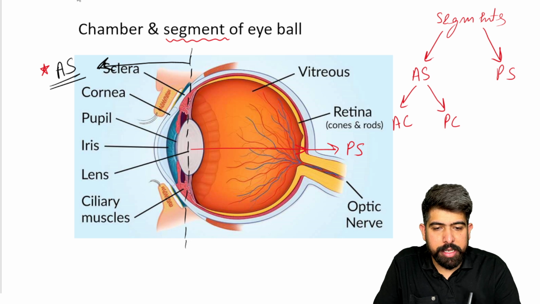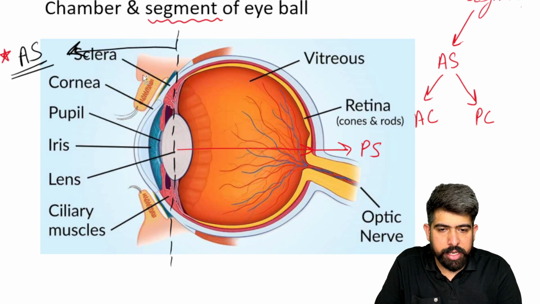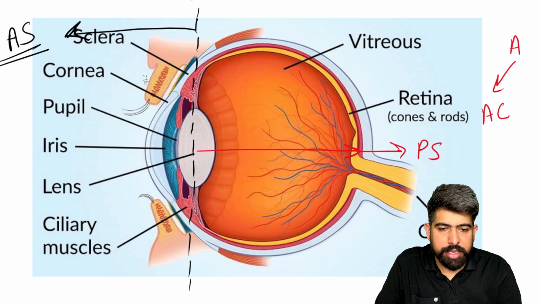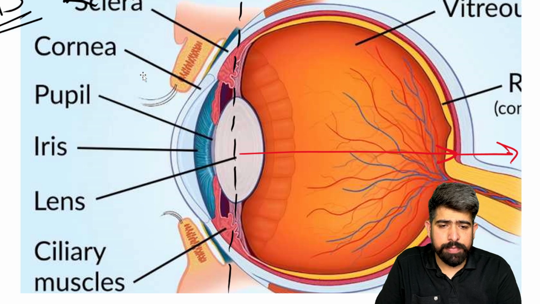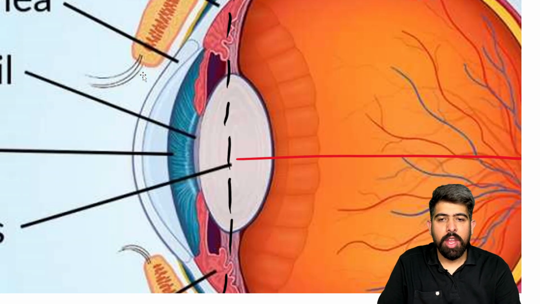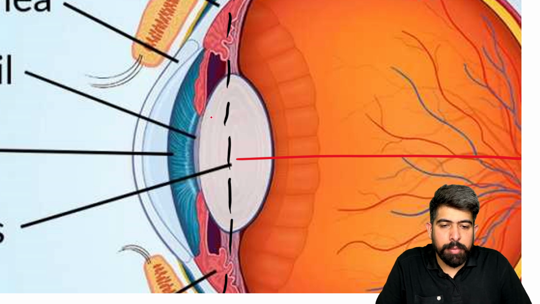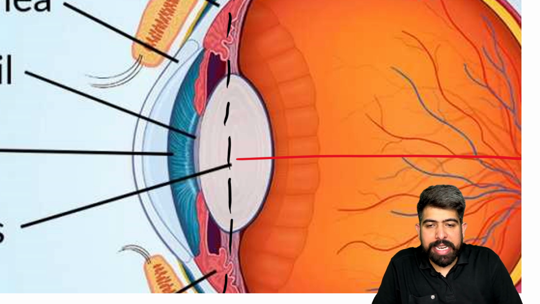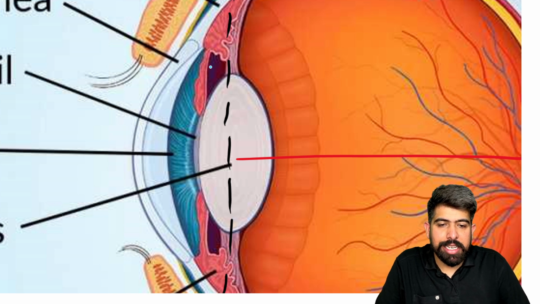Now I'm zooming in, going a little bit into depth, because I have to divide this anterior segment also. The anterior segment is the anterior-most part of this imaginary line, so I have to divide it too. For making the division, I have to take a landmark also.